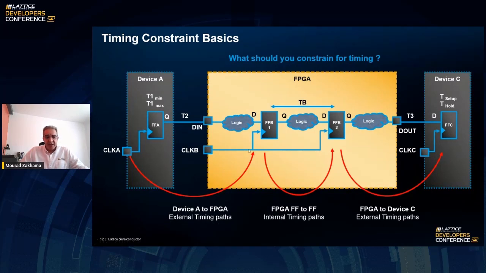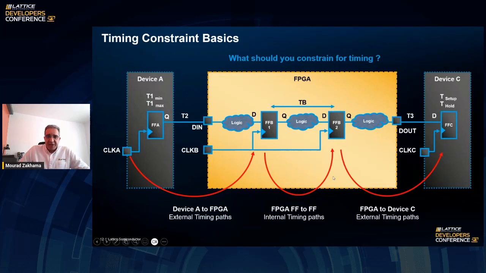The way timing constraints work is on a system basis, not specifically on the FPGA, because the FPGA is receiving these signals from an external device. So we need to make sure that the timing analyzer, the STA tool, knows the timing associated with the device driving the signal, with the flip-flop that is driving these signals. So it's basically the TCO, the clock to out, associated with the flip-flop that is driving the signal to the FPGA.